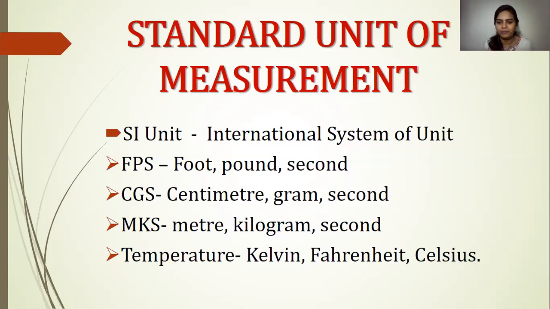The four main SI units are the meter for distance, kilogram for weight, second for time, and Kelvin for temperature. These were the four basic units decided to be used for any physical quantity measurement.